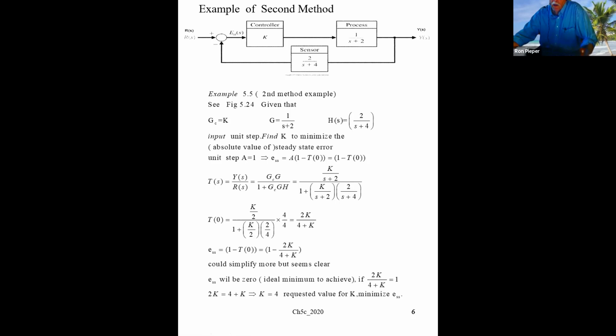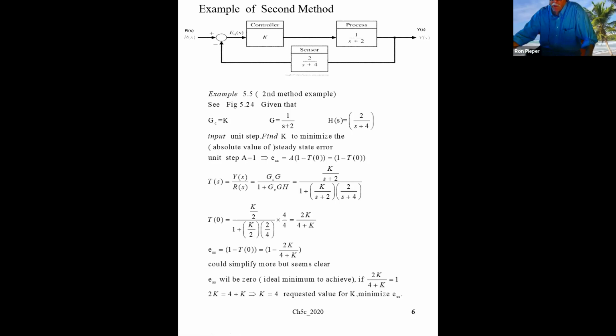In this example, we're following the main idea of the example. We're leaving the K that's in the controller as adjustable. Bear in mind, this is not the same as before because this block is on the inside. We're going to find that K to minimize the absolute value of steady state error. I believe that's the wording of the problem.